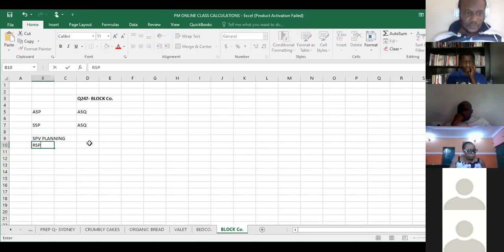And since it's price variance, our quantity is not affected, so actual sales quantity, the same. And then revised standard price again, and actual sales quantity. So that's that.